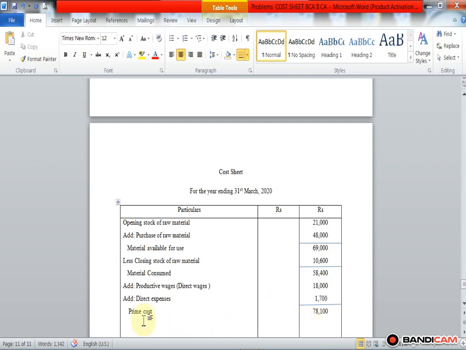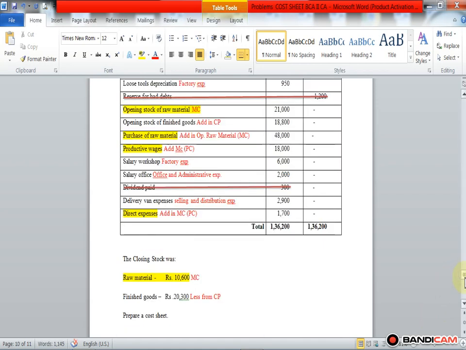Next we add factory overheads. Let's see in the problem the factory overheads and transfer under the head of factory overheads.